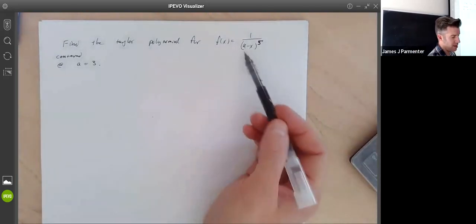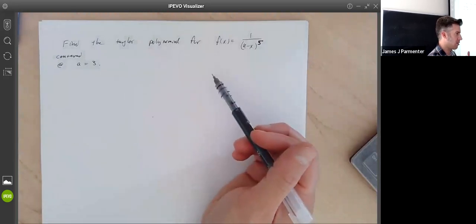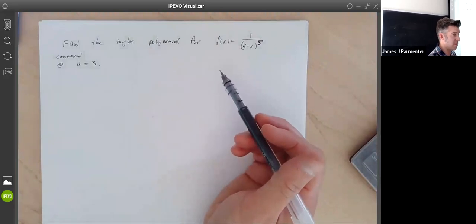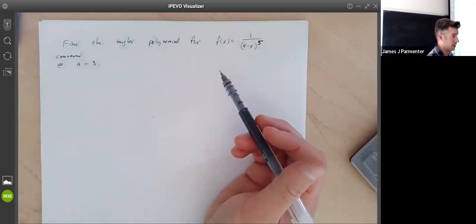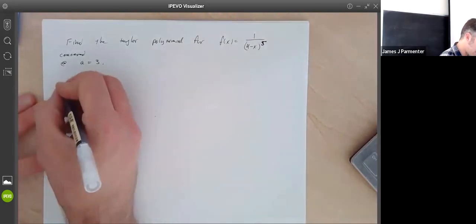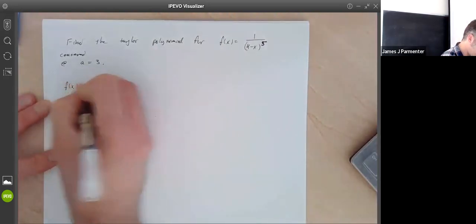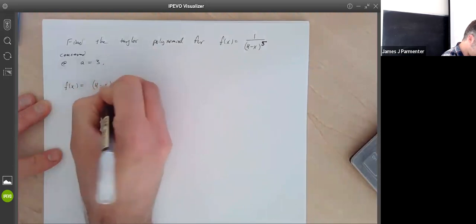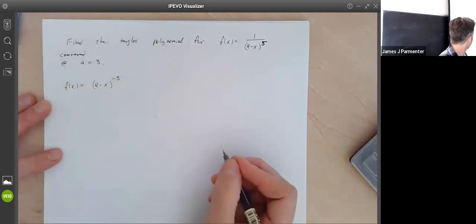Also, here's a good clue that we should start taking derivatives. If I plug in 3, I'm going to get a 1 to a power. That's usually a good sign that plugging the number into your derivatives is not going to be terrible. So let's start taking derivatives. Our function is (4 minus x) to the negative 5th.